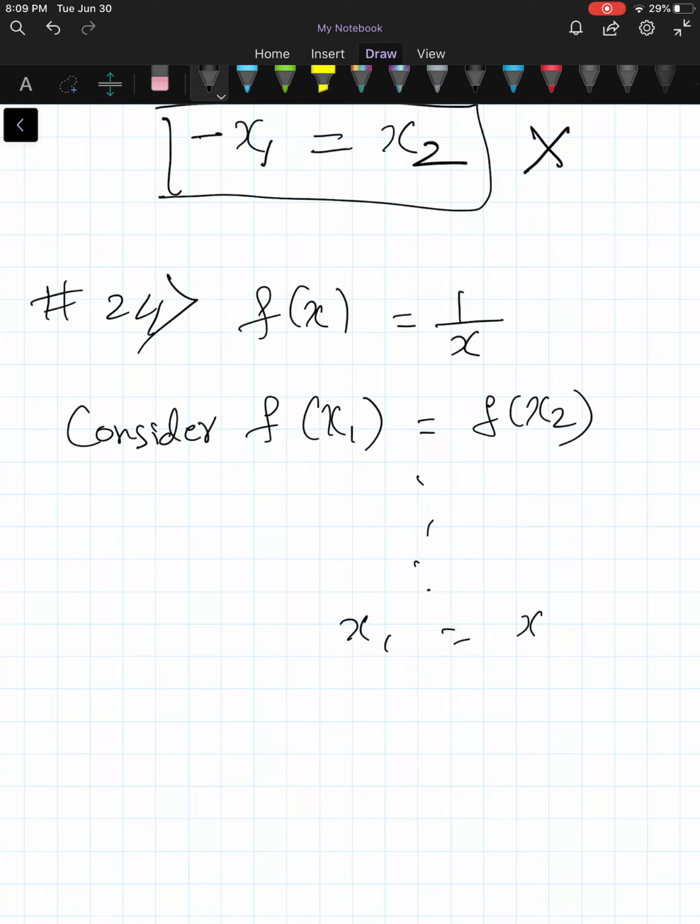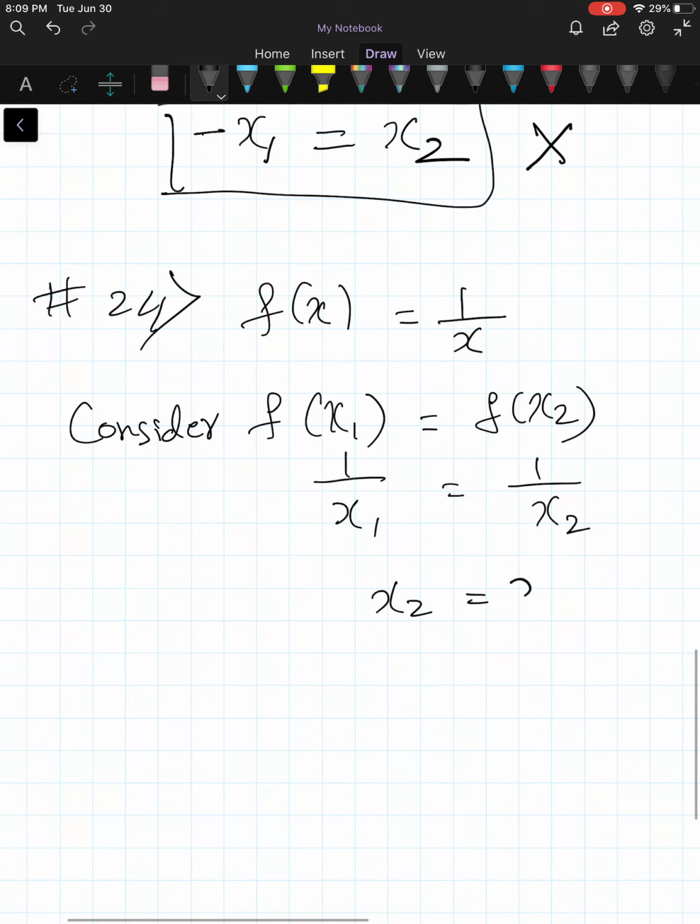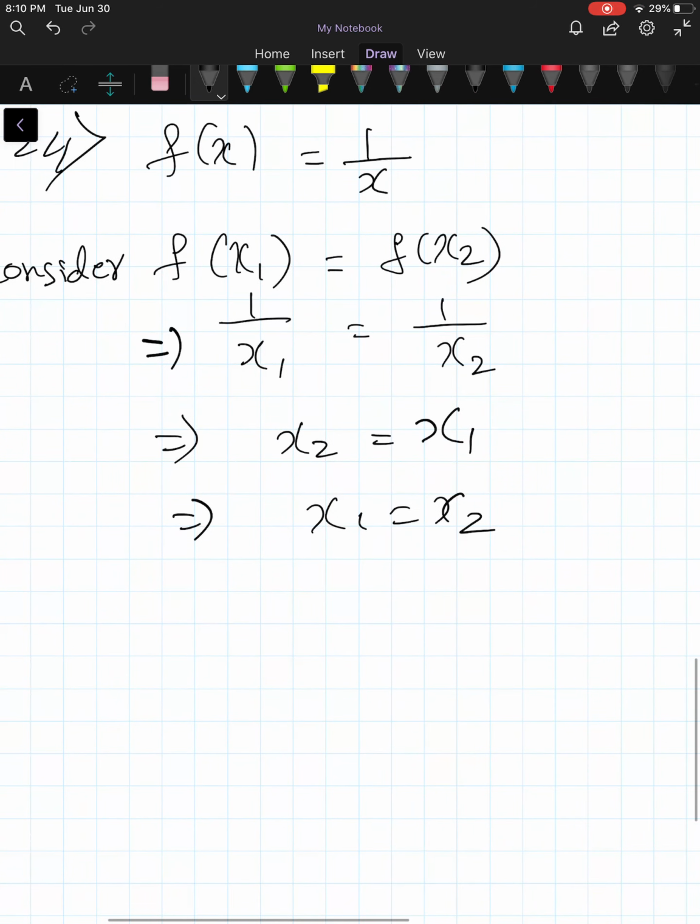Using steps, prove that x1 is equal to x2. Okay, so how do we do that? f of x1 is nothing but 1 over x1 and f of x2 is 1 over x2. If you undergo a cross multiplication process, you will get x2 is equal to x1, which is the same as x1 is equal to x2.